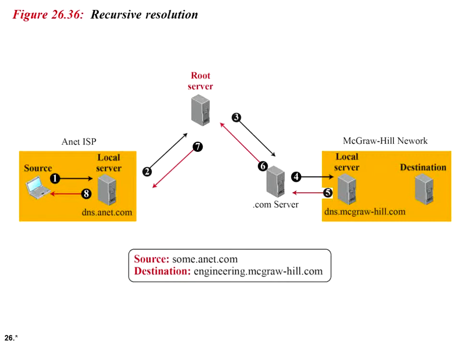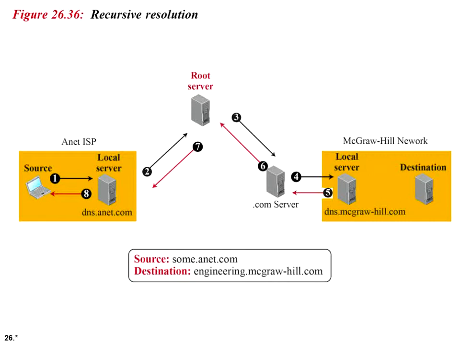Next we have resolution. Resolution means we are mapping a name to an address. Whenever we are mapping a name to an address, it is called name address resolution. Now DNS is designed as a client-server application. A host that needs to map an address to a name or a name to an address will call the DNS client, which is called the resolver.